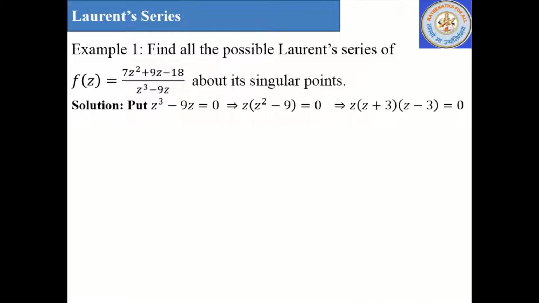For this we have three factors, z, z plus 3, z minus 3 equals 0. Thus we have three singular points of f(z), that is z equals 0, plus 3 and minus 3.